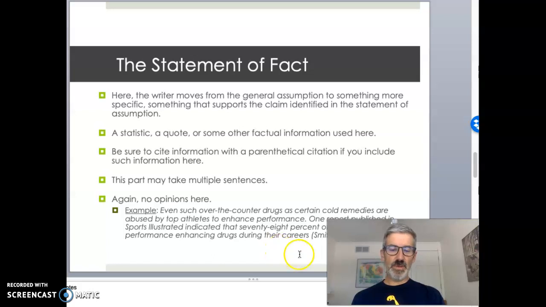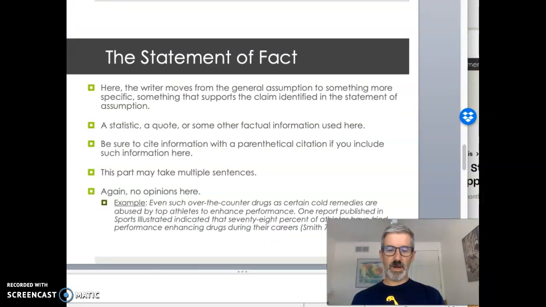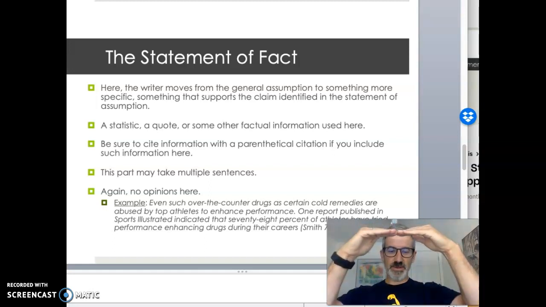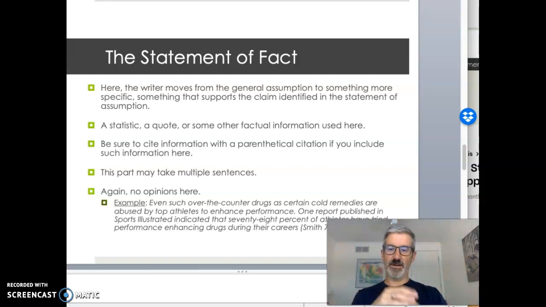Then we want to move into our statement of fact. So you have a general statement of assumption, and then you follow that with an actual concrete fact. Like it says here, the writer moves from the general assumption to something more specific, something that supports the claim identified in the statement of assumption.